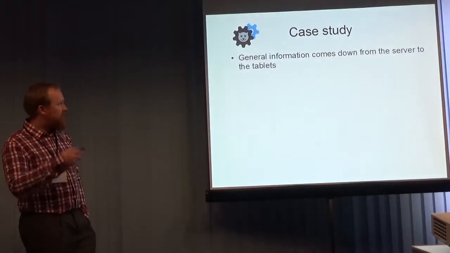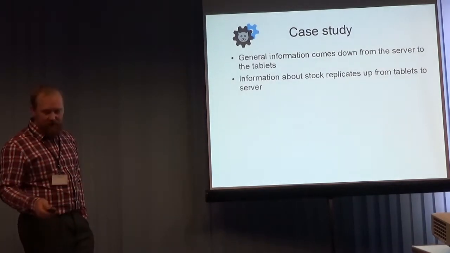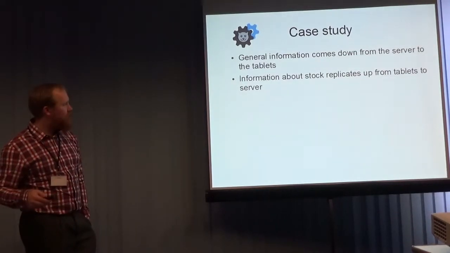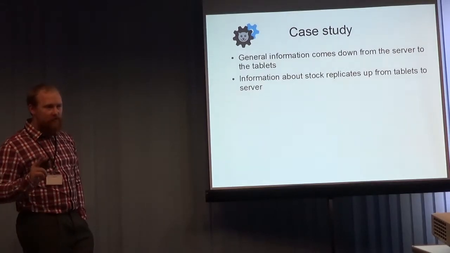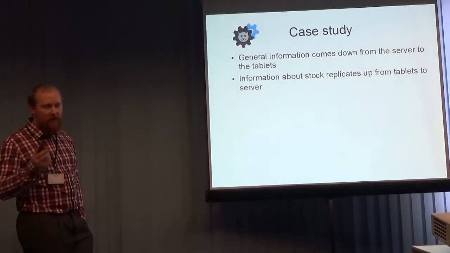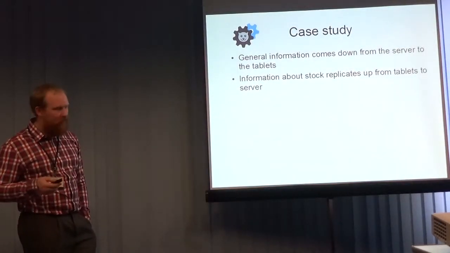So the general information comes down from the server onto the tablets, and the information about the stock and the photos and so on replicates up to the server, and we merge the two databases. There's a lot more information in the Firebird server that we don't need on the tablets.